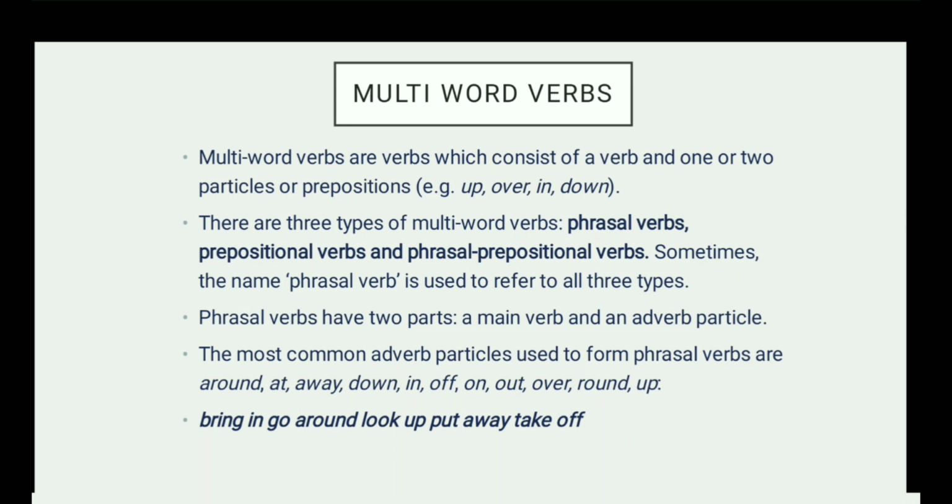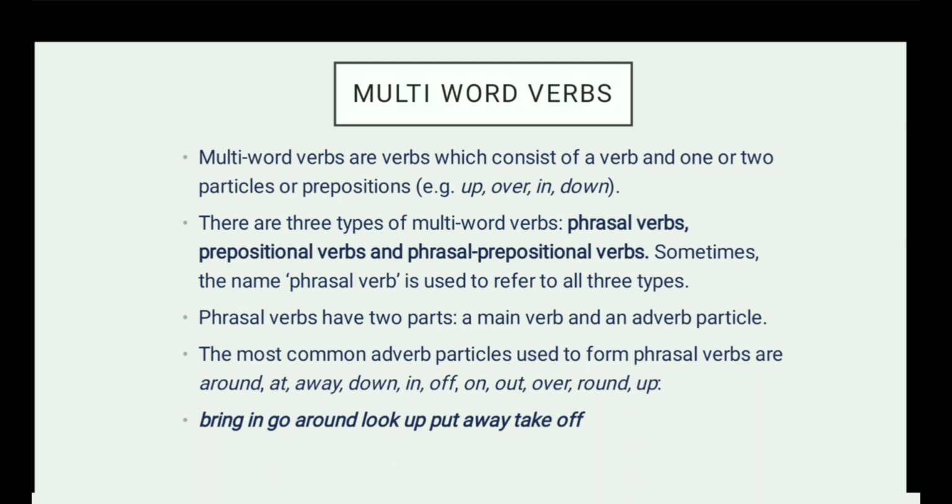There are three types of multi-word verbs: phrasal verbs, prepositional verbs, and phrasal prepositional verbs. Sometimes the name phrasal verb is used to refer to all three types. Phrasal verbs have two parts: a main verb and an adverb particle.